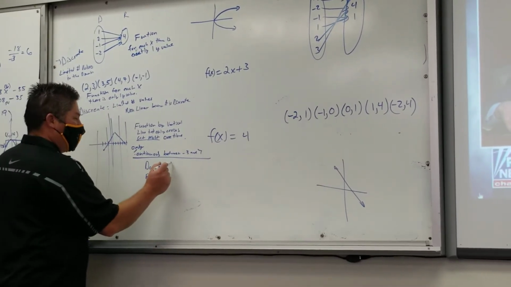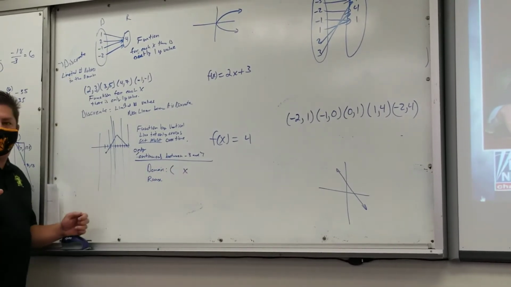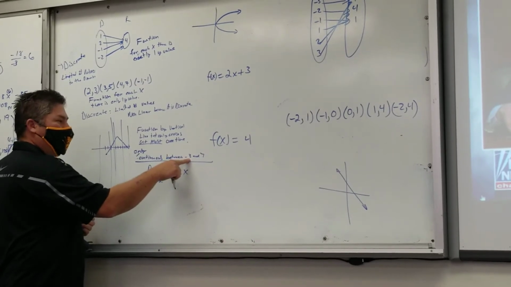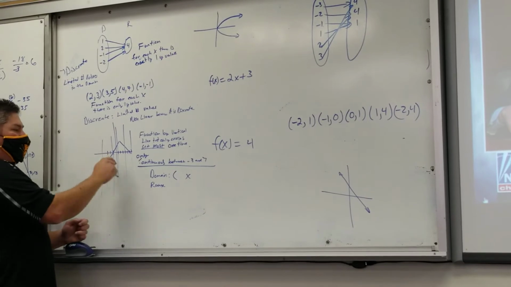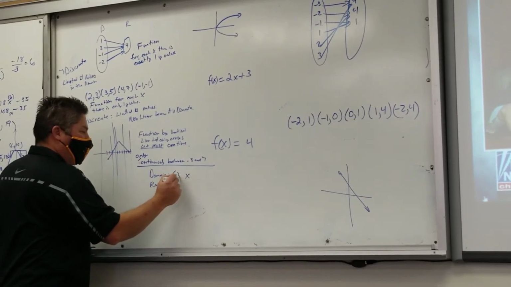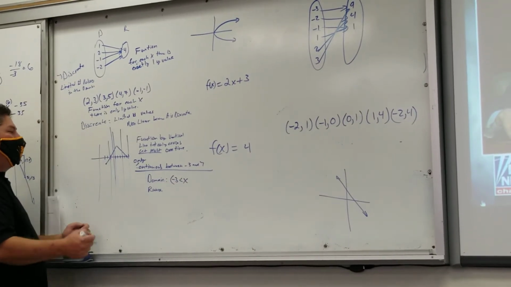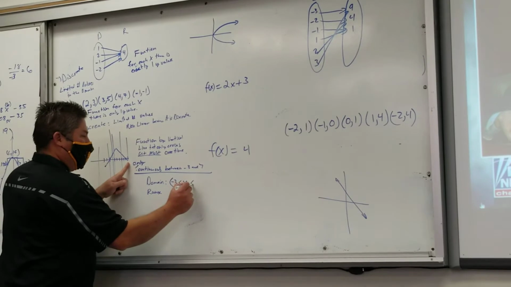So the domain on this one is x is between, and this is where we use our greater than, less than. X has to be greater than what? -3. So you go from the far left, you always read left to right. X is greater than -3, but it has to be less than 7.